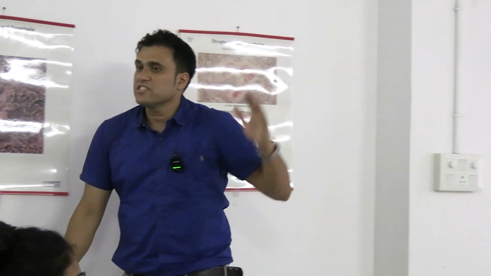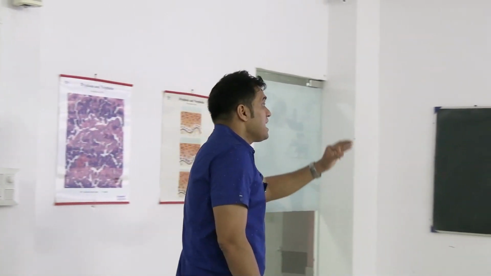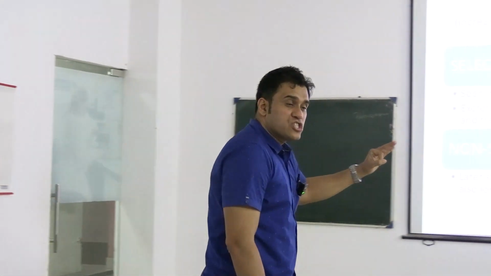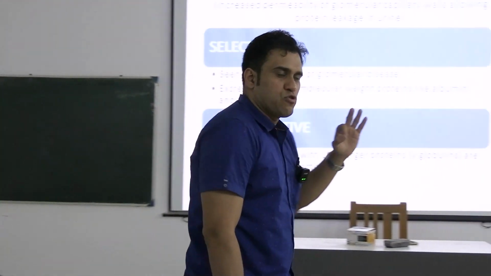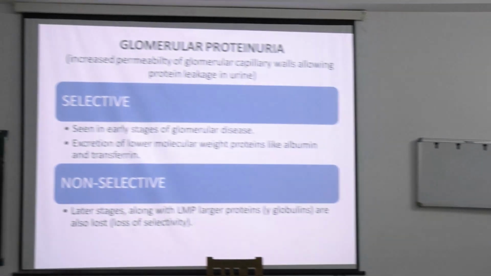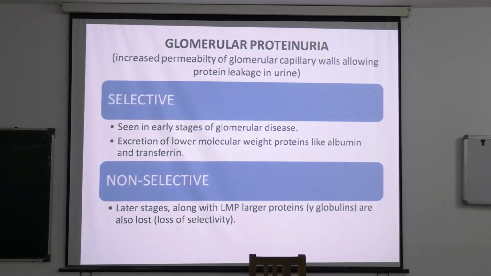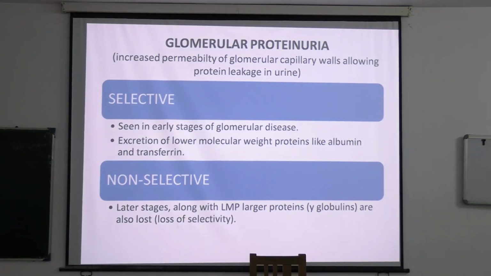So what happens in selective proteinuria? There is excretion of lower molecular weight proteins like albumin and transferrin, whereas the higher molecular weight proteins like gamma globulins are not excreted.